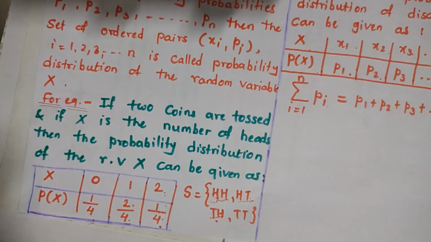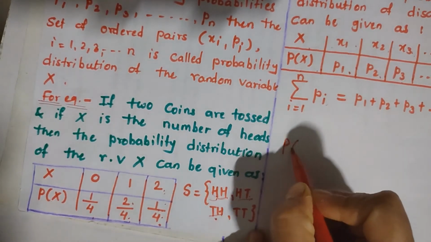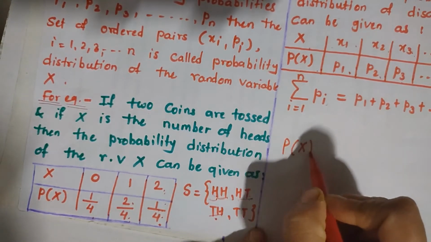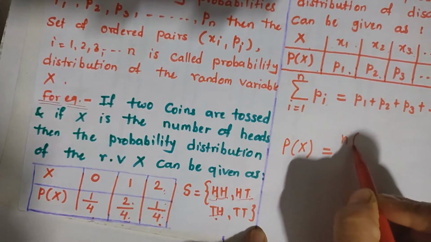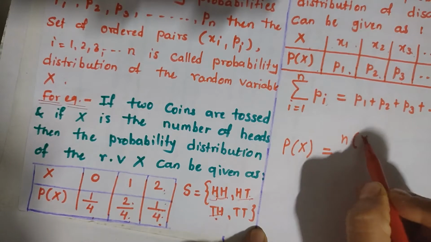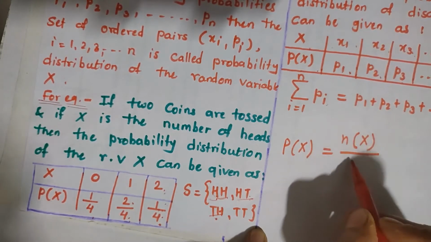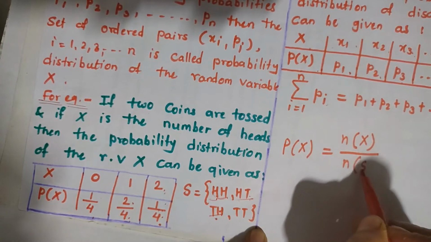We know that the probability of any event or random variable, P of X, is equal to the number of sample points in X upon the total number of sample space.